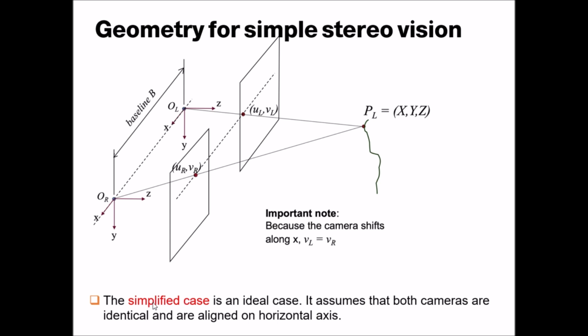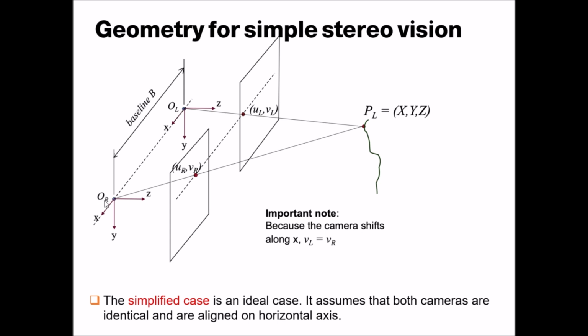let's assume that both cameras are identical and aligned on the horizontal axis. Okay. Here, for example, we have a camera on the left side, OL, and another camera on the right side, OR.